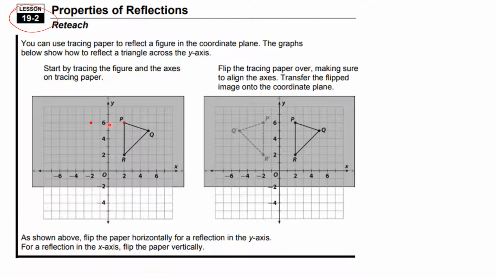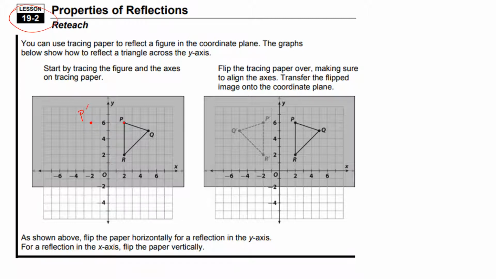I count to the line of reflection, and then count that same distance to the other side of the line of reflection. That is called the image. So P is the pre-image, and this is P prime. That is what happens after the reflection.